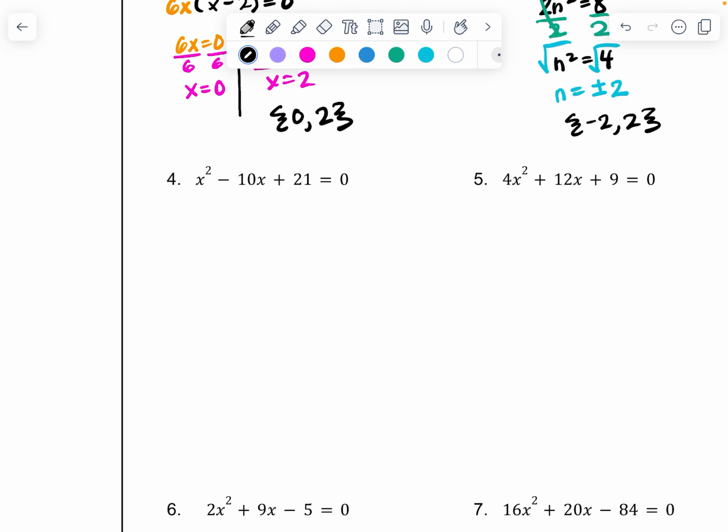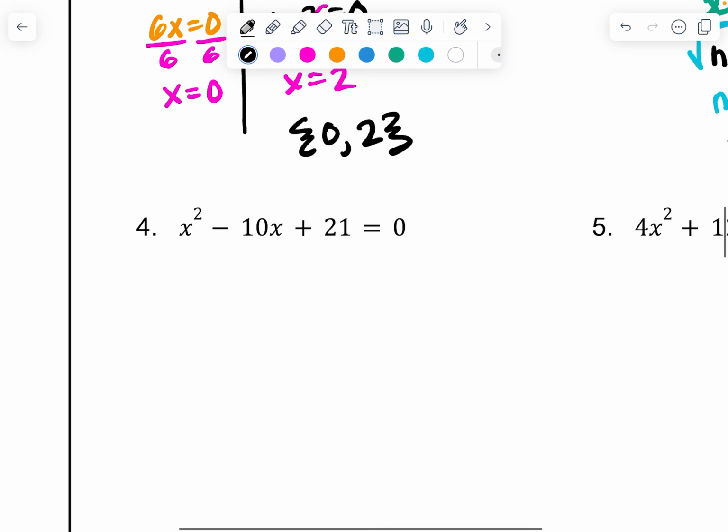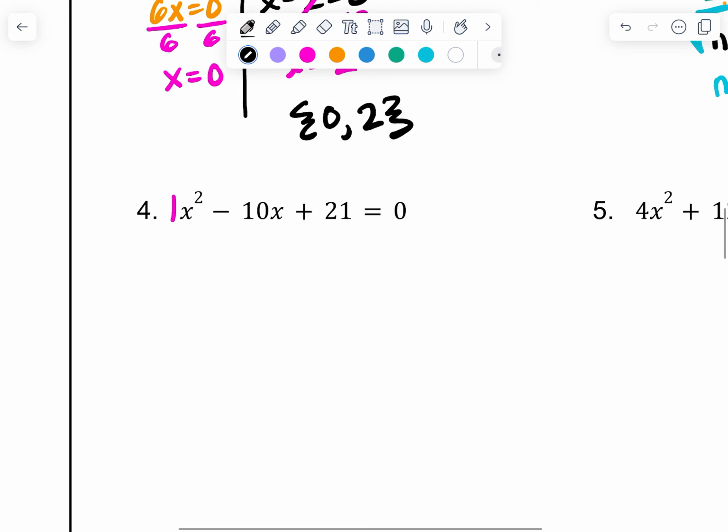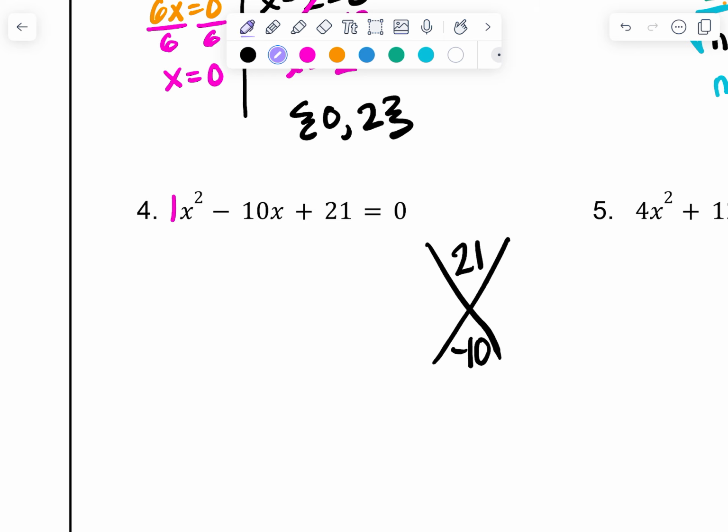Okay, here's another trinomial. So we will use the AC method. Because a is equal to 1, we'll use the shortcut this time. So my x puzzle has 21 on the top and negative 10 on the bottom. My factors would have to be negative 3 and negative 7.